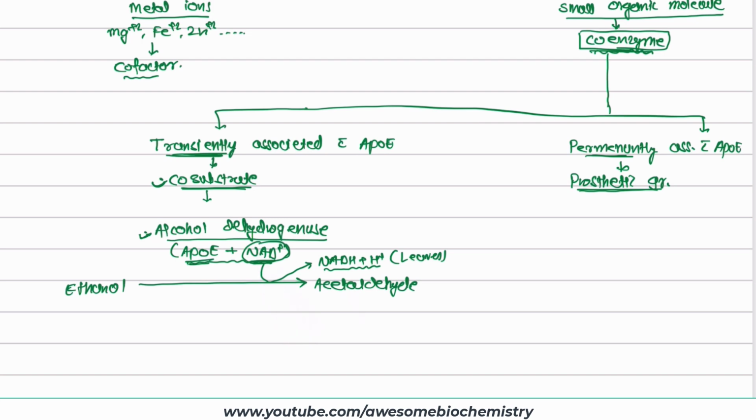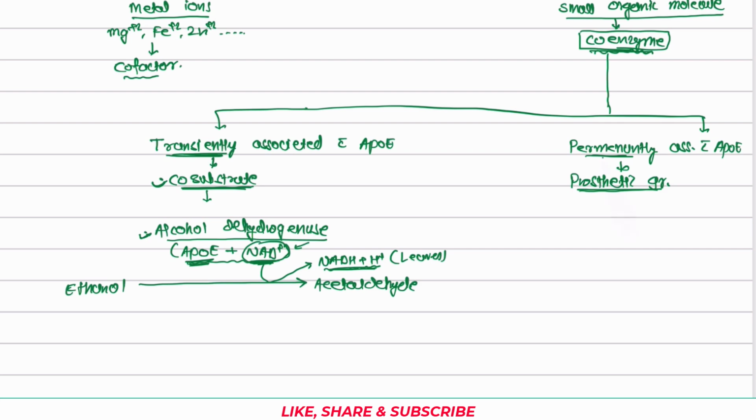As soon as NAD plus leaves as NADH and H plus, a new molecule of NAD plus comes in and associates with this apoenzyme part. This thing we have to keep in mind. Because of this, it seems that NAD plus is not acting as a part of the enzyme, rather it is acting as a substrate, right? Why substrate? Because NAD plus is getting converted to NADH plus H plus, and that is the reason it is called a co-substrate, right?